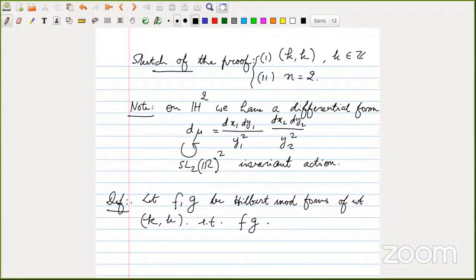Let's assume that the product fg-bar is a cusp form. This was necessary. Then how do I define the Petersson inner product?